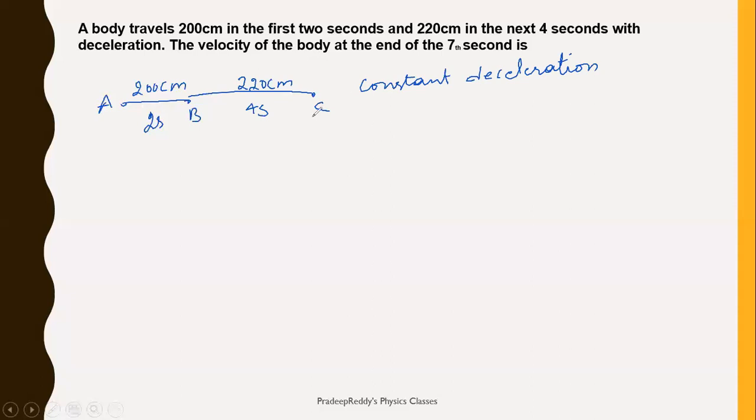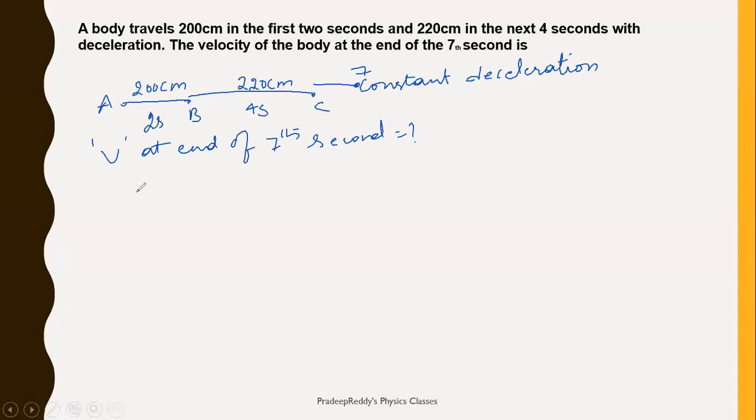So here 2 seconds plus 4 seconds, totally it is 6. It will be traveling one more second and that becomes 7. Now you are supposed to find out the velocity of the body at the end of the 7th second.